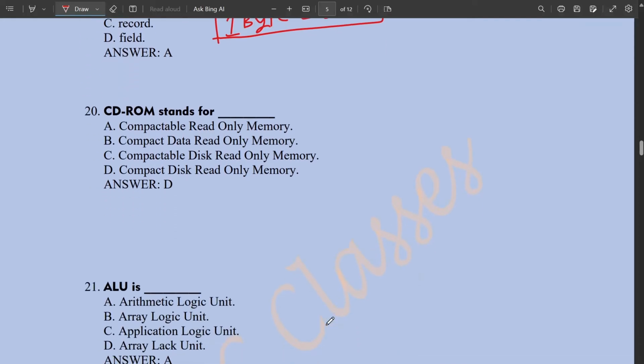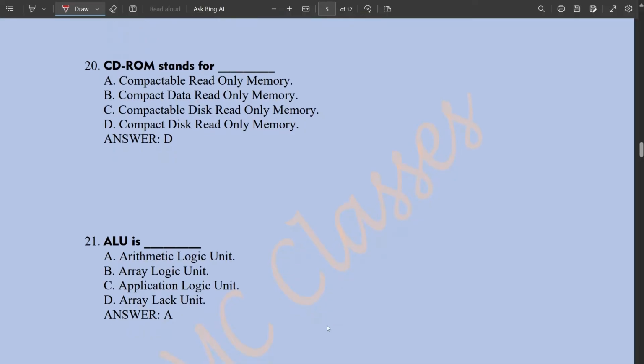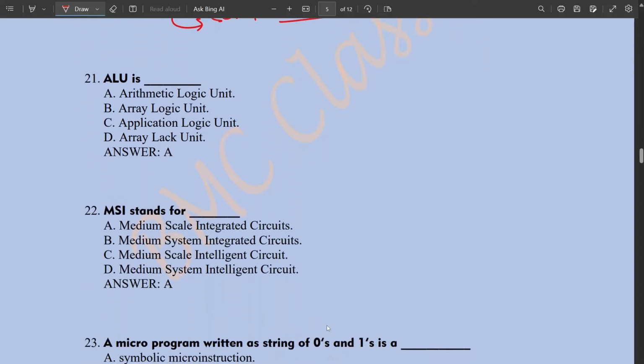Next, CD-ROM stands for compact disc read-only memory. CD stands for compact disc. Next, ALU is the arithmetic logical unit.